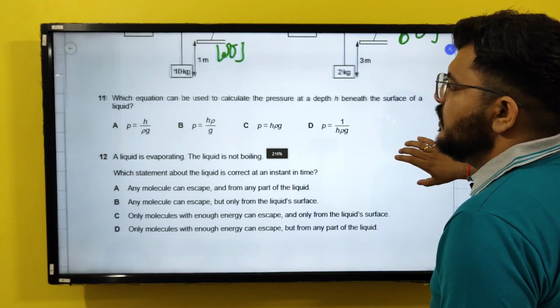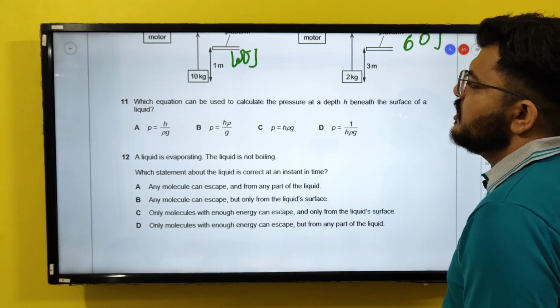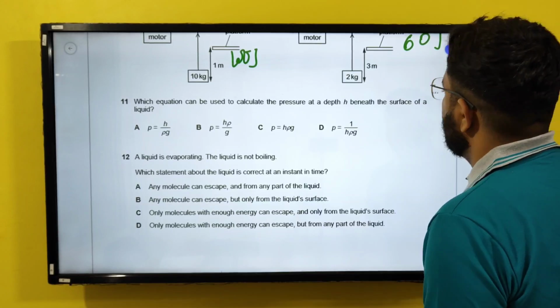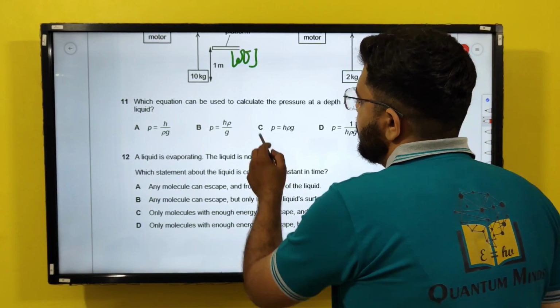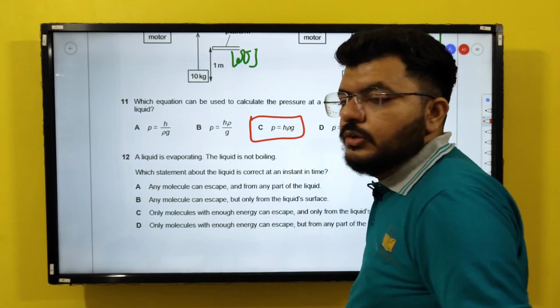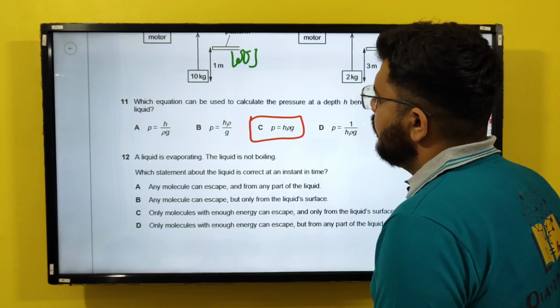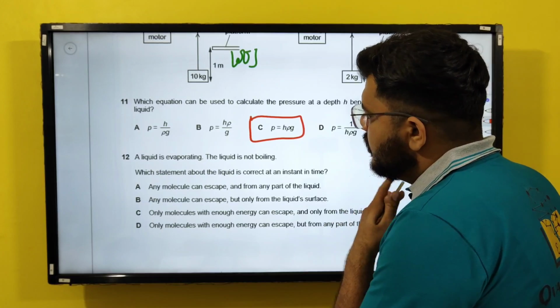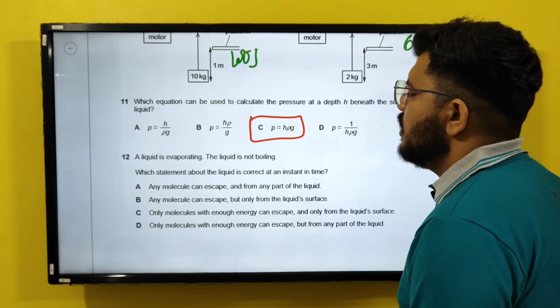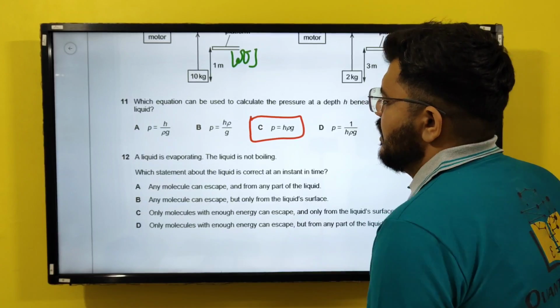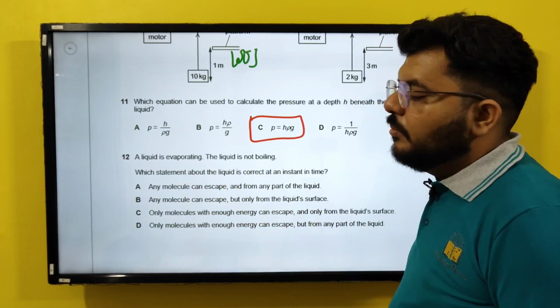Okay, next we have, which equation can be used to calculate pressure at a depth h beneath the surface of the liquid? It's given by P is equal to rho gh. It's directly the formula. A liquid is evaporating. The liquid is not boiling. Which statement about the liquid is correct at an instant in time? It's evaporating and not boiling.